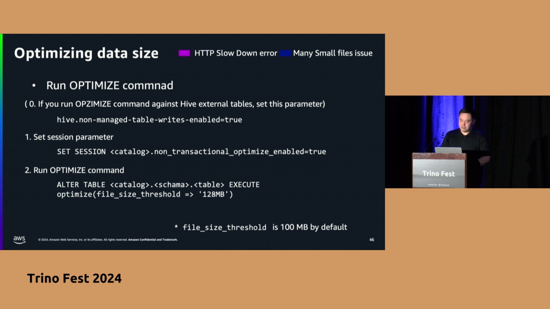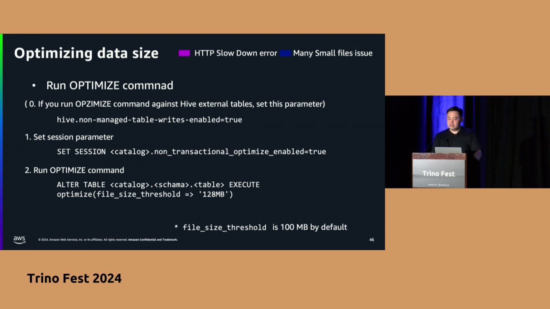Here are the steps for the optimize command. If you run the optimize command against Hive external tables, for example, the table is registered in Glue data catalog, you need to set hive.non-managed-table-writes-enabled to true in the configuration file for the Hive connector.